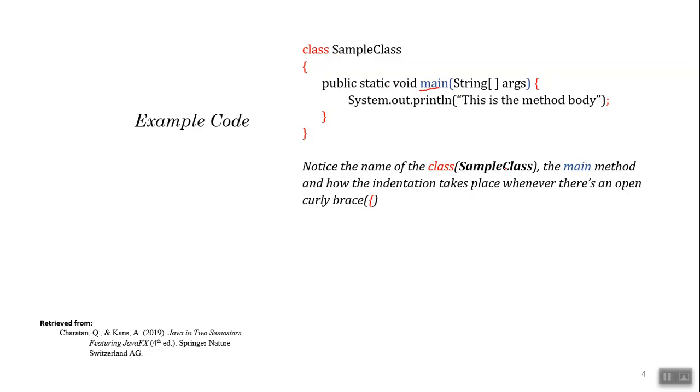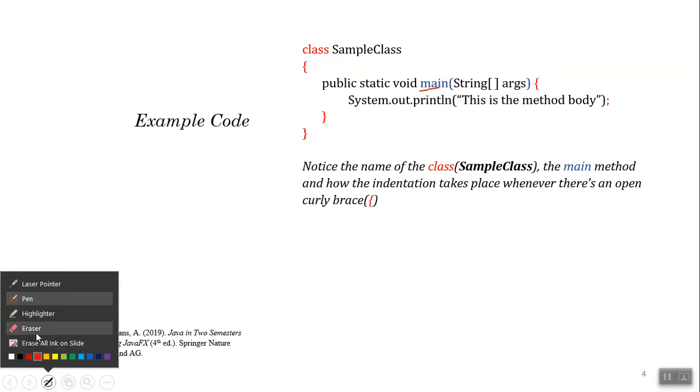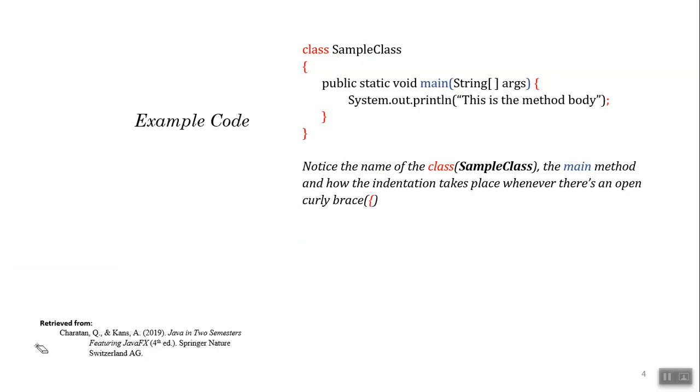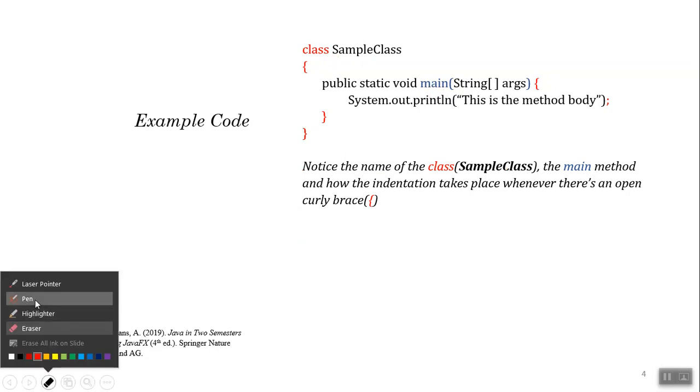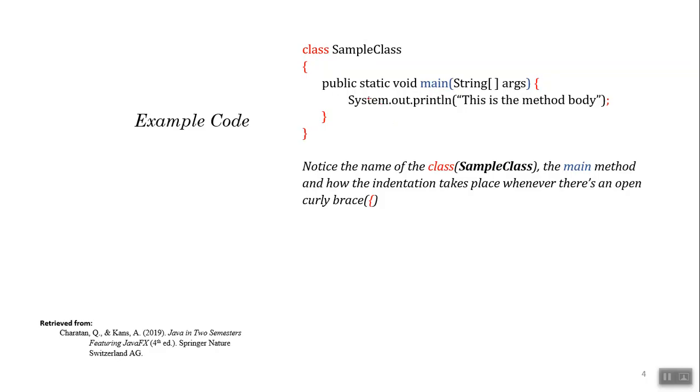Okay. So here we have the main method. Let's remove this line. So the main method is the first thing that our compiler looks for when running our program. So I mean to say all the programs start from the main method.